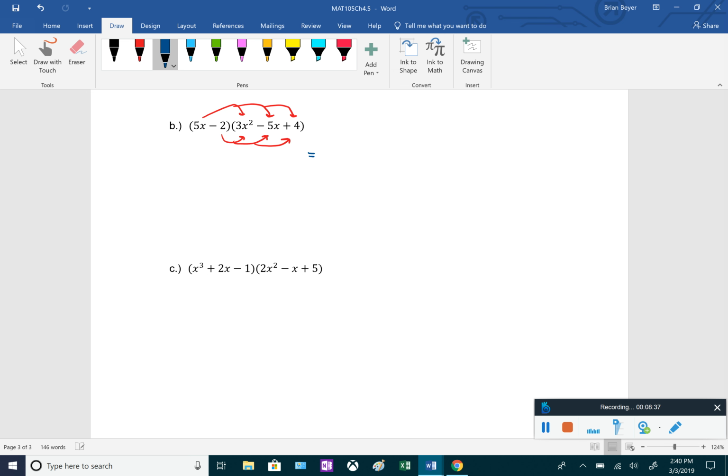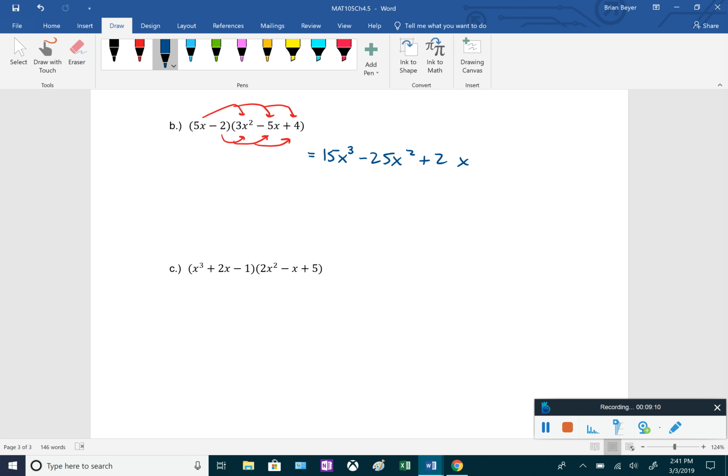So distributing the 5x times 3x squared, that's 15x cubed. Nope, actually for that first term, I just made a mistake. It should be cubed because it was 5x times 3x squared. Multiplying 5x times negative 5x, that's minus 25x squared. Now for multiplying the 5x by the 4, that's going to be plus 20x.